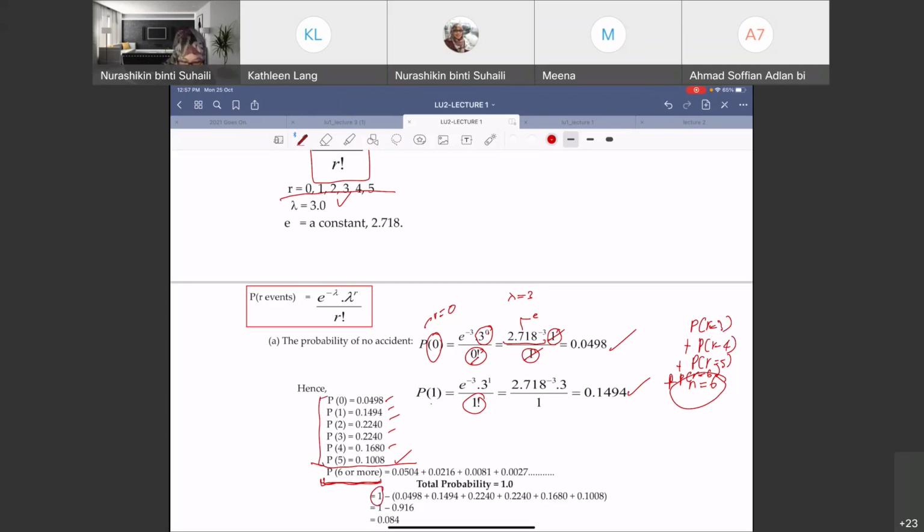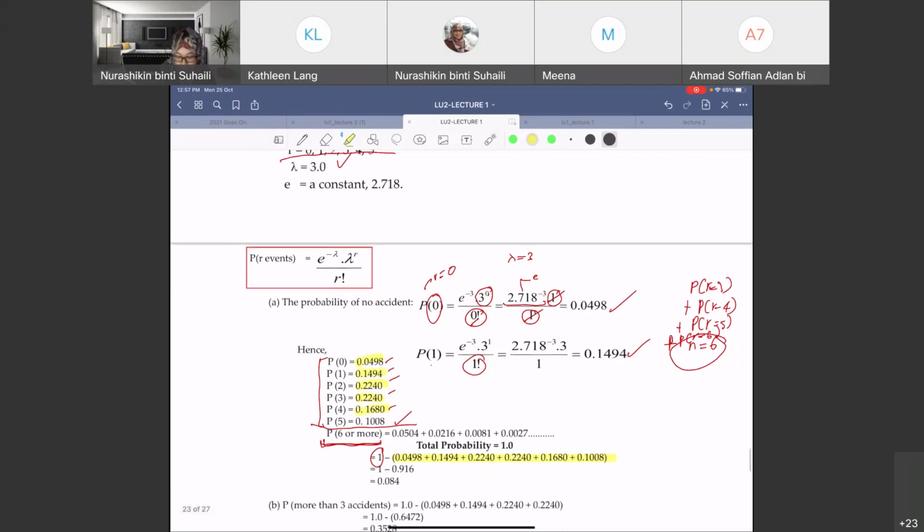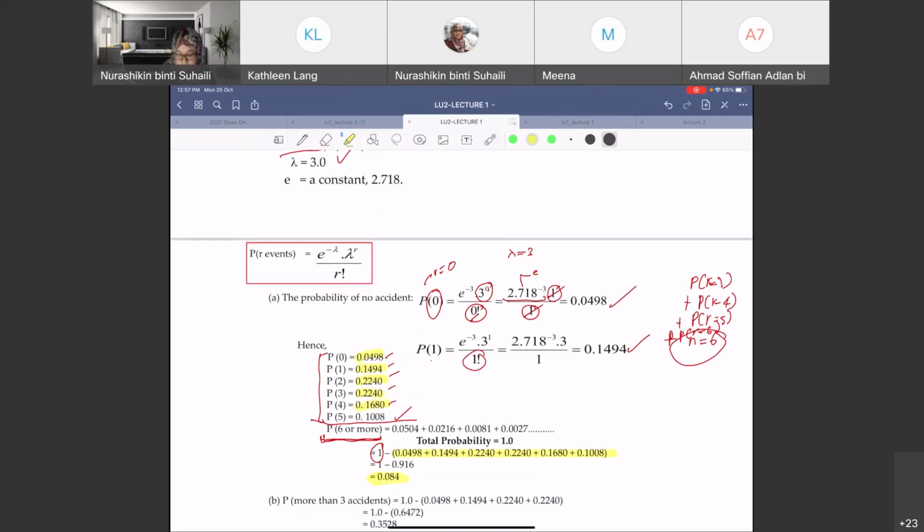You add up all of those probabilities, and then the probability of 6 or more is equal to 1 minus the summation of all of these probabilities. Then you get this information. We do not know what n is. n could be 100, 20, or 50, but we don't have that information. So that's why we use this formula directly.